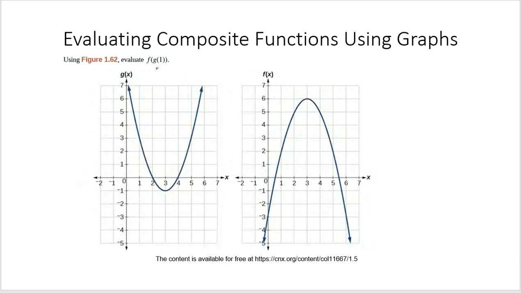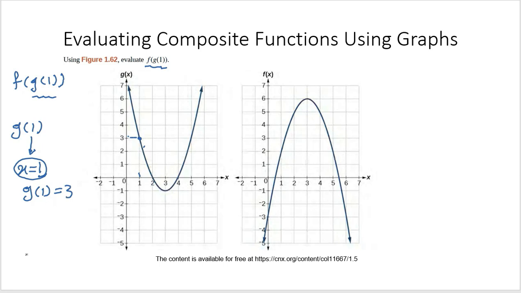So evaluate f of g of 1. First we need to find g of 1. When x is equal to 1, what is g of x? So x is 1. g of 1 is 3.